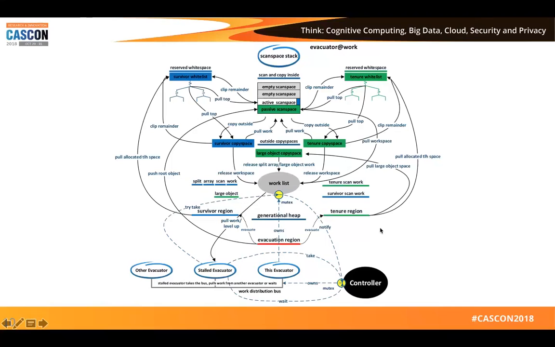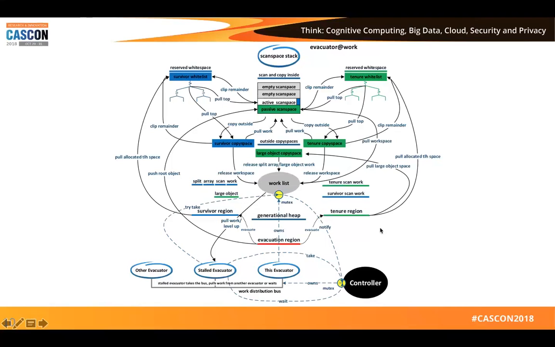So after root scanning is complete, Evacuator will turn to his work list and say, okay, I've got some work on the work list, pull a workspace into the bottom stack frame and start scanning that. And while we're doing that, again, we're throwing some outside work into the outside copy spaces, and trimming. During this phase, we've got a lot of work to do, so we'll increase the work release threshold somewhat, so we get bigger workspaces on the work list.